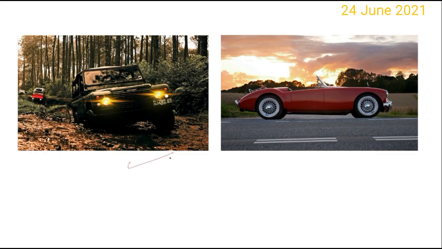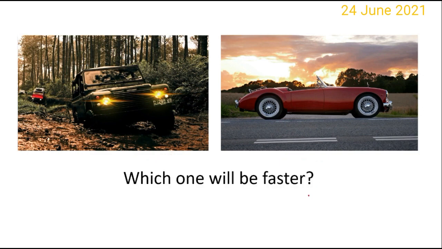Just imagine you yourself riding these two. Which one will be faster if I ask? It's the simplest question, right? You all know that the car which is moving on a smoother road will definitely go faster than the vehicle here, right?